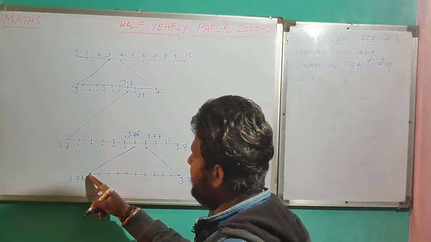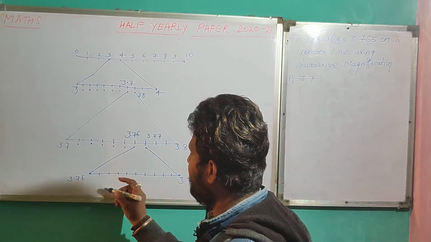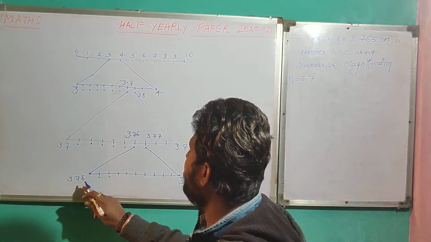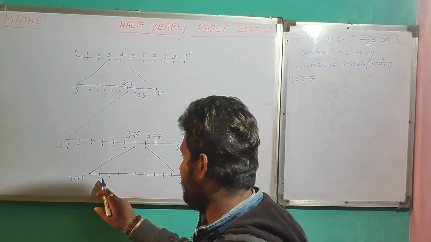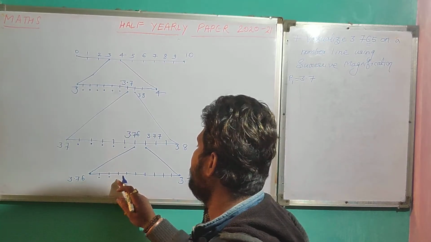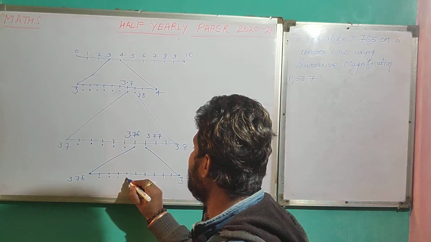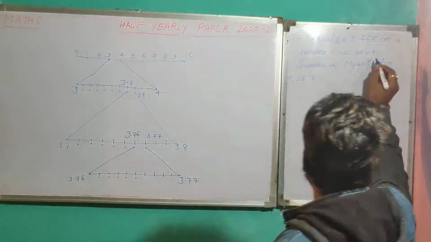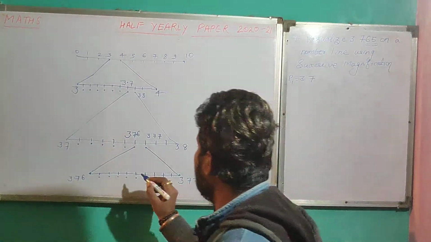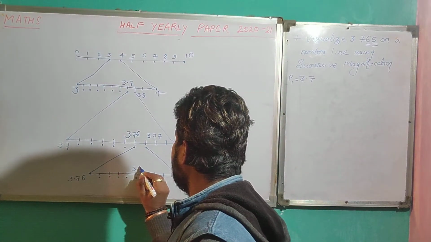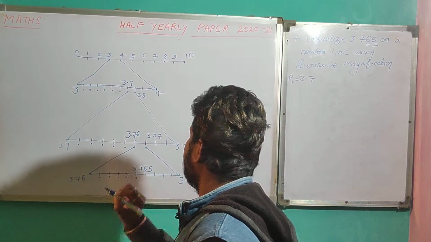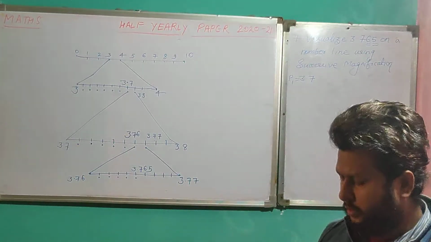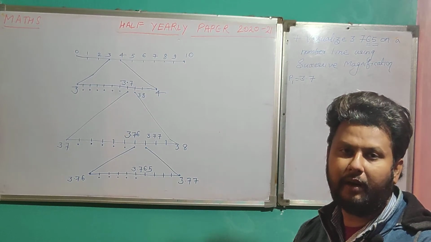So this is 3.76, this is 3.761, this is 3.762, this is 3.763, this is 3.764, this is 3.765. So we have to get 3.765. So here is point 3.765. In this method, you have to draw that point on the number line.